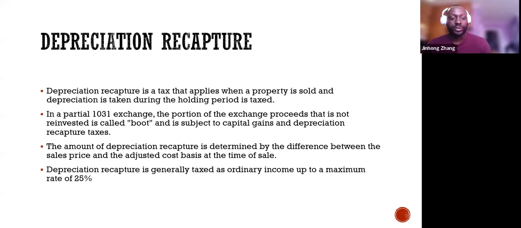When you have a partial 1031 exchange, the portion of the exchange proceeds that is not reinvested is boot, and that portion is subject to capital gains and depreciation recapture. The amount of depreciation recapture is determined by the difference between the sales price and the adjusted cost basis at the time of sale. Depreciation recapture generally is taxed as ordinary income, and it can be up to a rate of 25%.